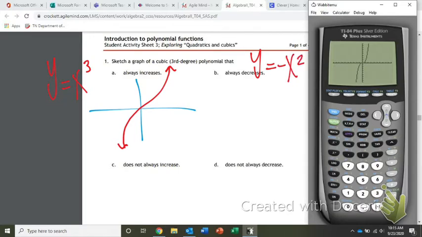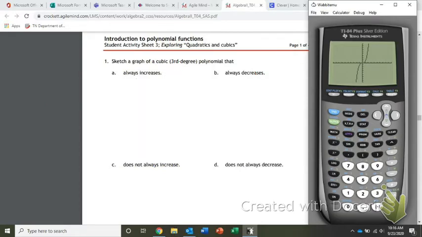We can put, not squared, we can put a negative out front. So now we're going to go to our calculator and type in negative x cubed. We're hitting graph. You notice that it is the same graph that we just did, except this time it is decreasing.